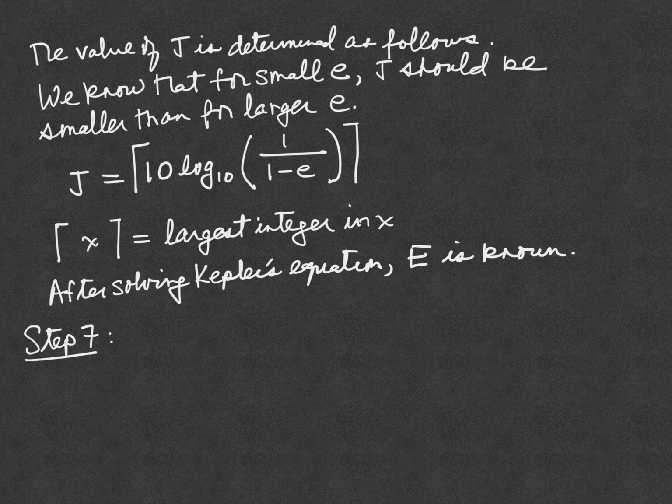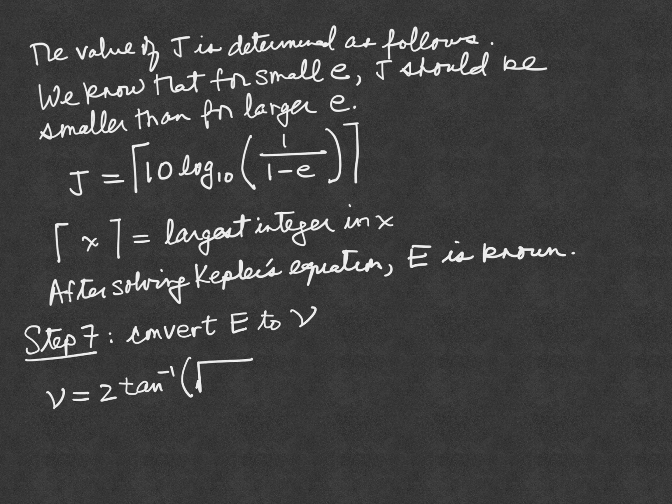And step 7 is to convert E to nu. But we know that the equation that does that, I wrote it down earlier, is nu is equal to 2 times the inverse tangent of the square root of 1 plus e times the sine of the eccentric anomaly divided by 2, and the square root of 1 minus e times the cosine of the eccentric anomaly divided by 2.